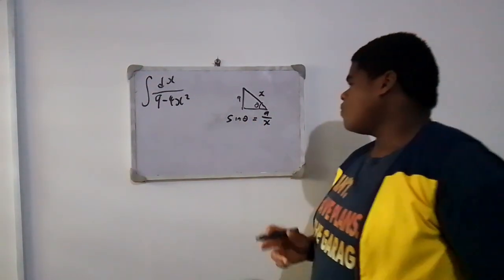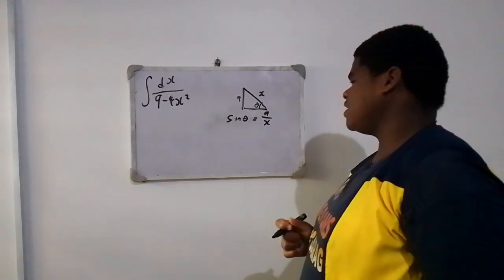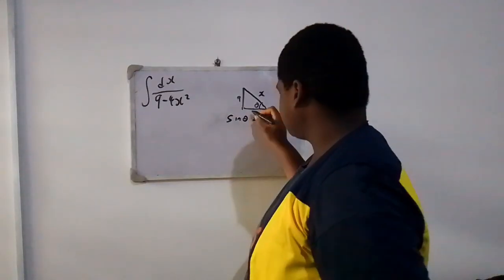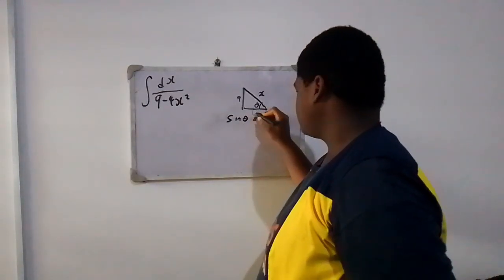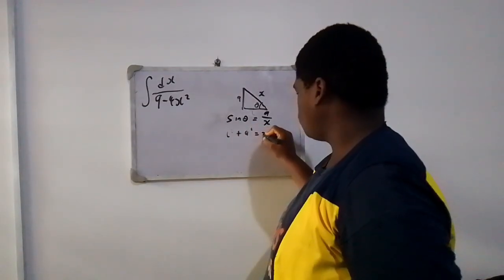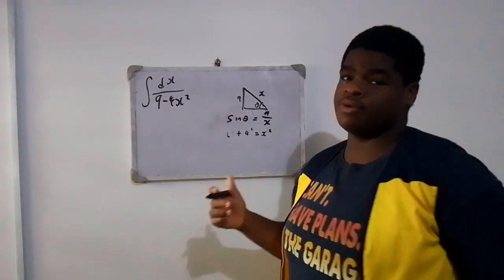Good. Now, how do we find the value of the adjacent side? Let's call the adjacent side L. L squared plus a squared is equal to x squared, and this is from Pythagoras theorem.